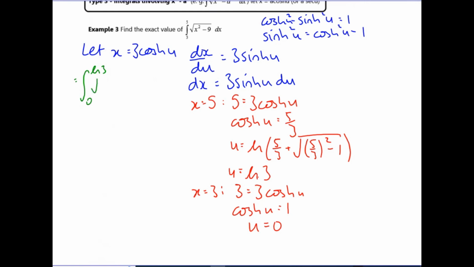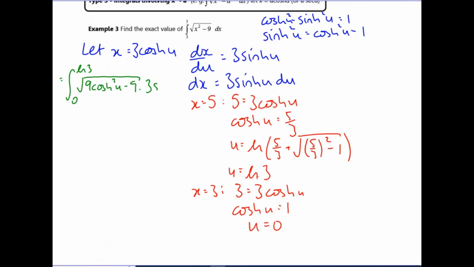For x, we've got 3 cosh u, so squaring that gives me 9 cosh squared u, minus 9, and that's times by 3 sinh u du. I'm going to factorize out the 9 from the 9 cosh squared minus 9 and square root that, so that gives me a 3 outside, times the square root of cosh squared minus 1, times 3 sinh u du.